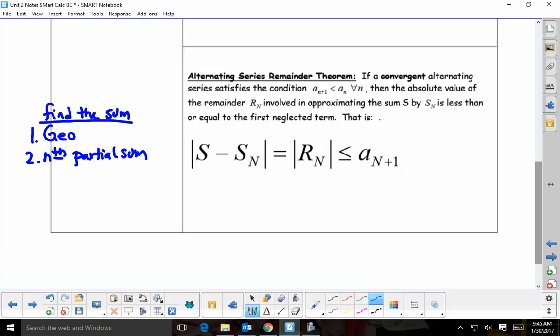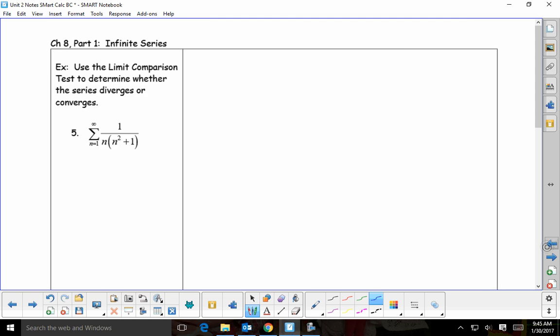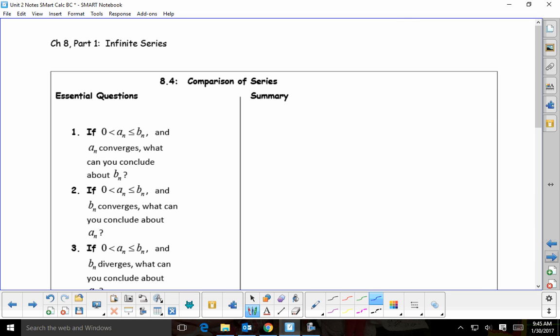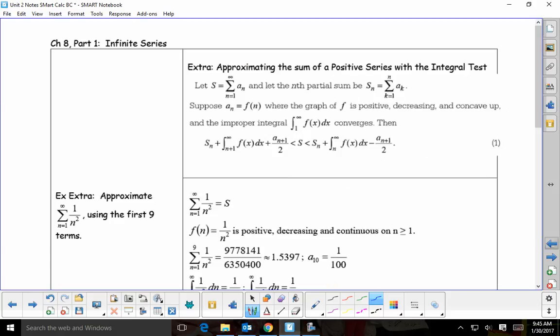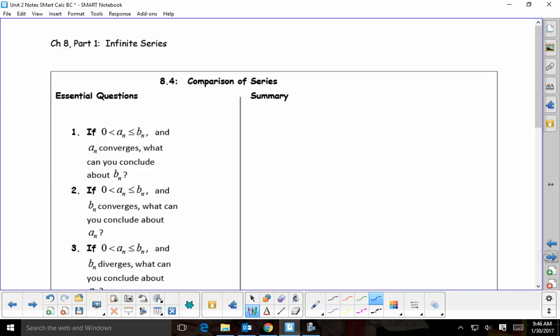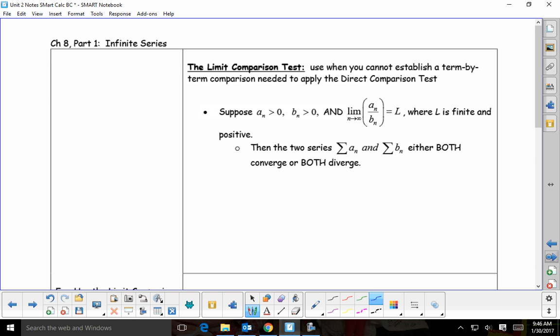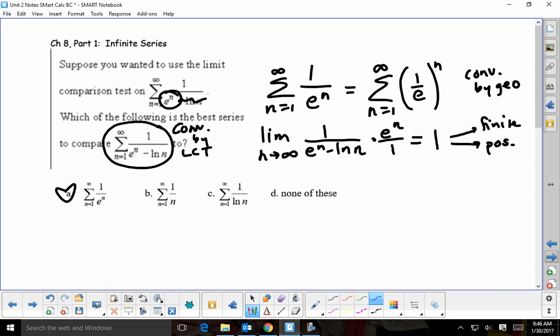However, we can get really close to it for other series. I don't know if you remember in that whole integral thing, I gave you that, and I said if you want to look over it, great. We could have approximated it.